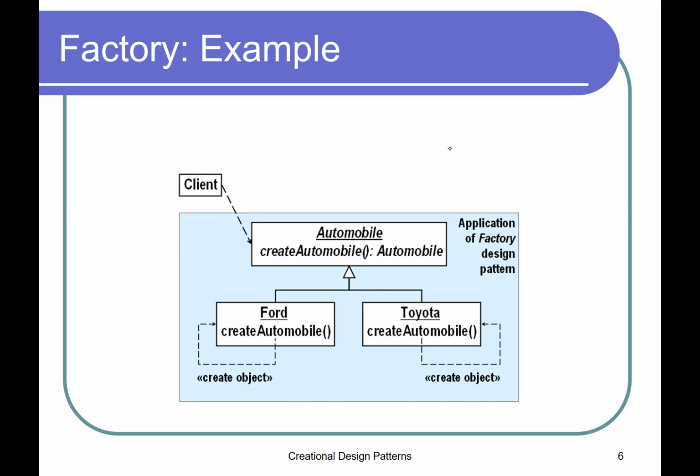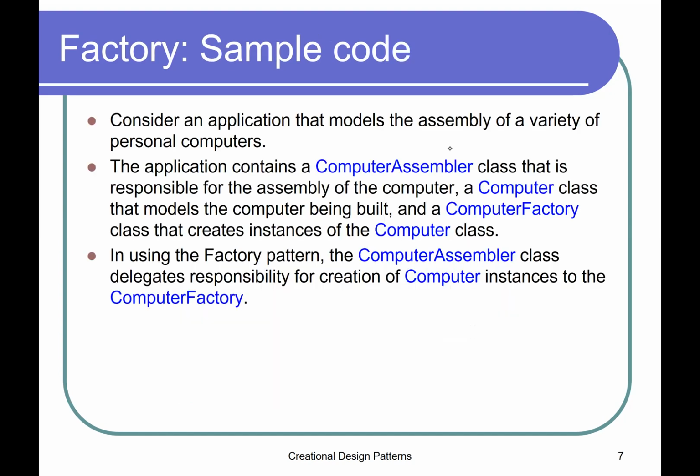So here we are. Assume I have an application that models the assembly of a variety of personal computers. The application contains a computer assembler class that is responsible for creating the specific computers, a computer class that models the computer being built, and a computer factory that creates the instances of the computer.